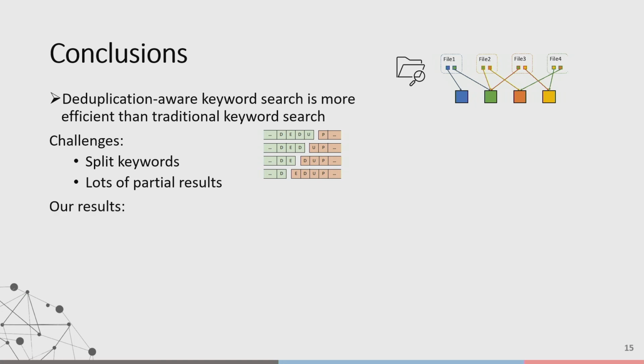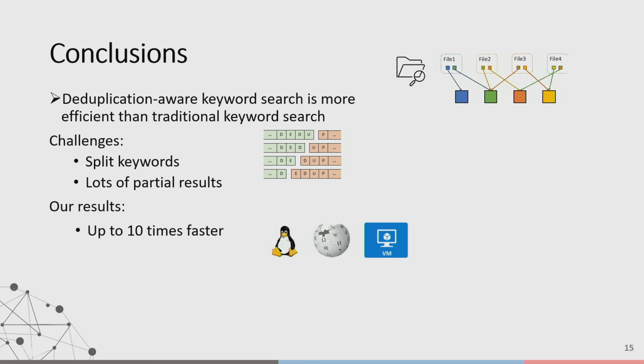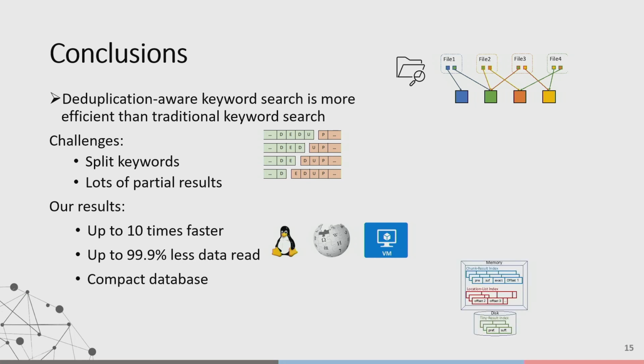Our experiments show that we have up to 10 times faster algorithm, and up to 99.9% less data read. And all of that with a very compact database and minimum disk accesses.